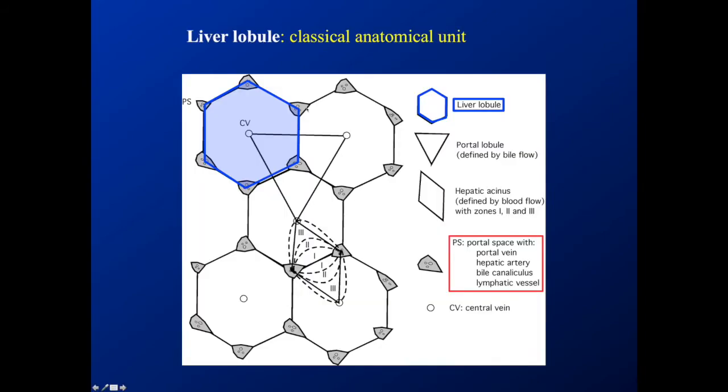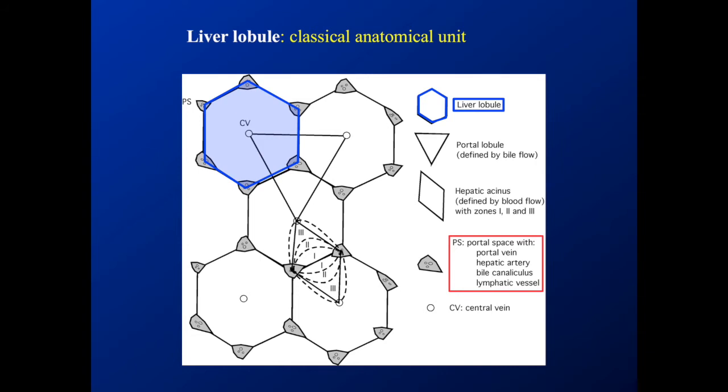So this blue hexagon here is a liver lobule, and it has a central vein with 6 surrounding portal spaces, and these portal spaces contain 4 things: the portal vein, the hepatic artery, the bile canaliculus, and the lymphatic vessels.